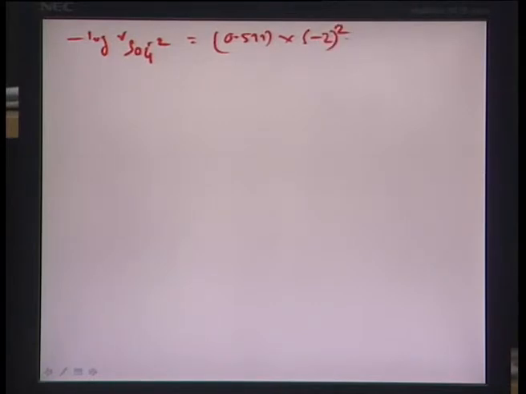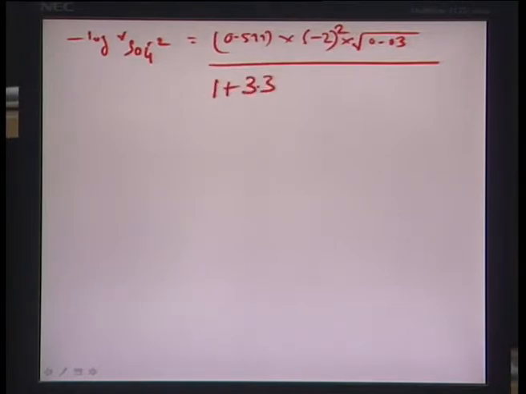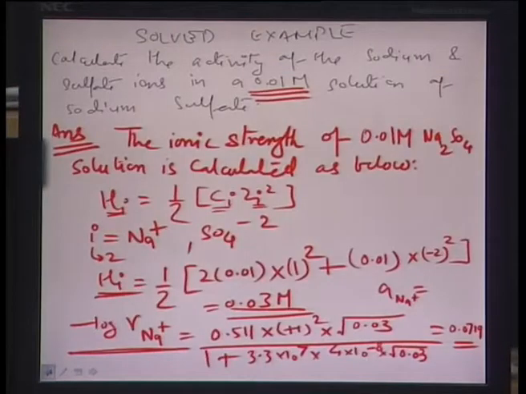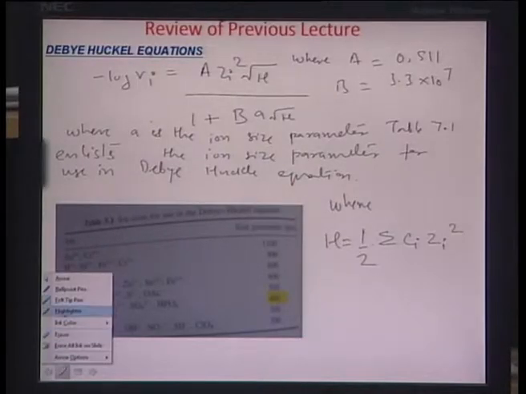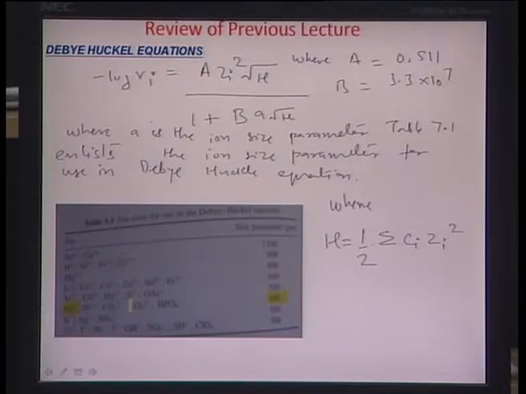So, square of -2 times root over 0.03 molar divided by 1 plus the B constant, which is 3.3 times 10 to the power 7 times the radius of the SO4 ion, which again we get through this particular figure here. SO4 -2 and Na plus are more or less in the same size domain, about 400 picometers.